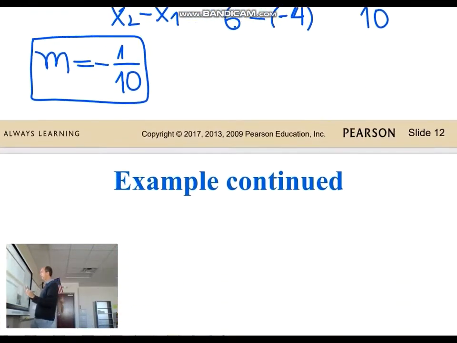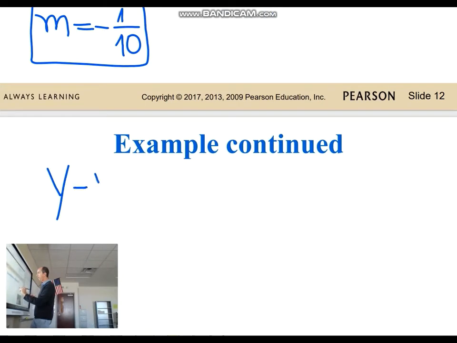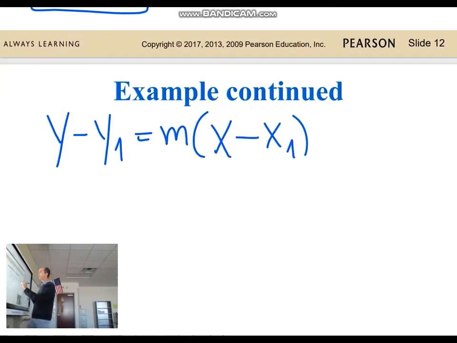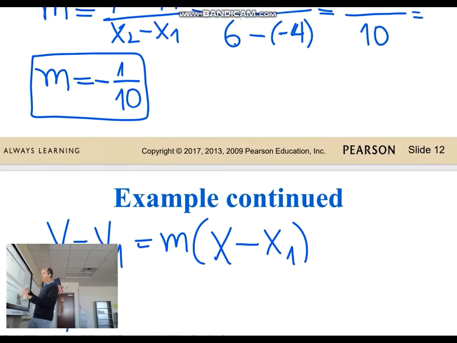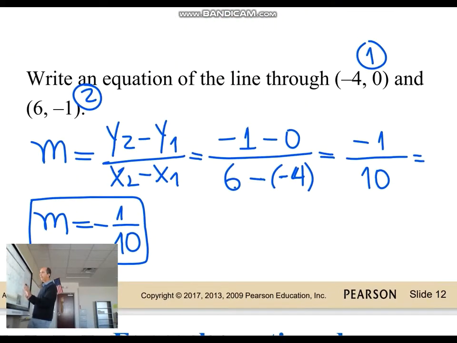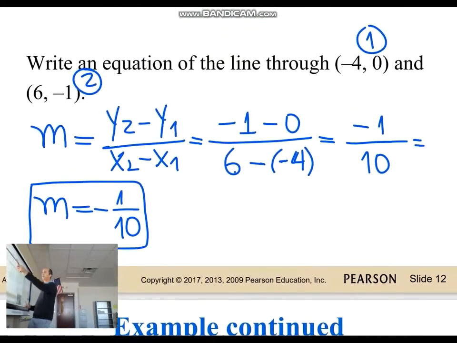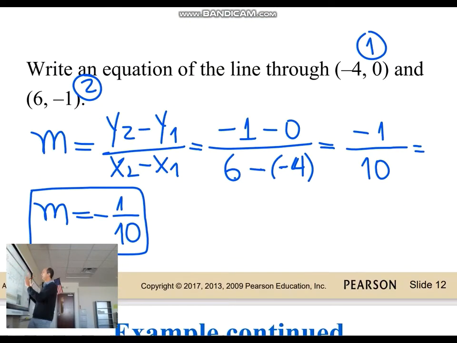We get one point, y minus y1 equals m times x minus x1. Because we don't know the y-intercept, we just have another point that's not the y-intercept. And just a hint here: on this formula you can use y1 or y2. You just need to use the same set of coordinates.